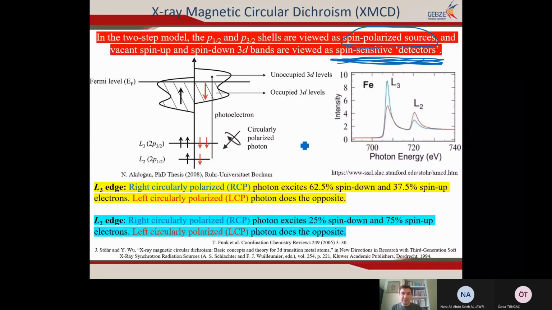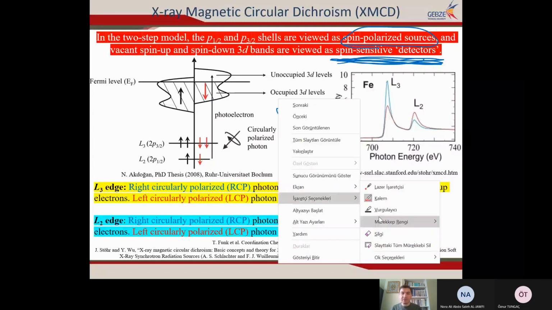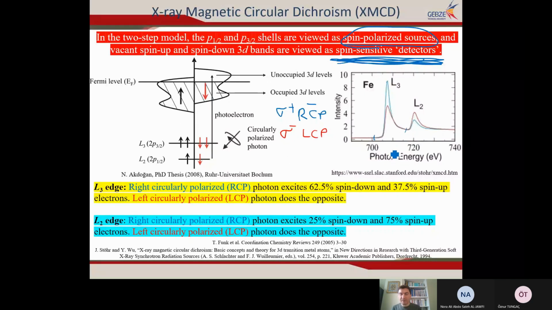So let me start with the blue one. What is this blue one? Let's consider you use RCP, and I will show you the LCP with a different color. We are using right circularly polarized light, so we are working at this energy. You are changing the energy of the incoming photon by using the monochromator in the beamline, and you use right circularly polarized light.